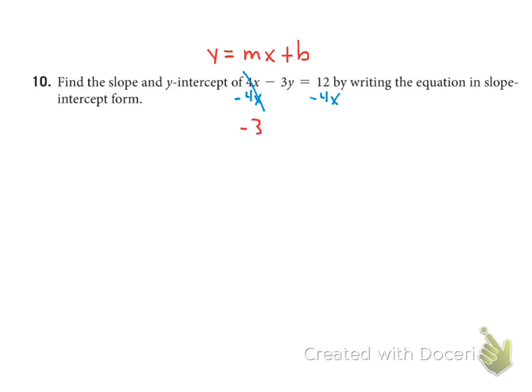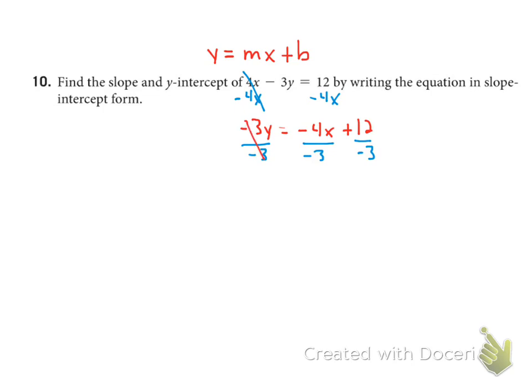So negative 3y is equal to negative 4x plus 12. What else do we need to do to get the y by itself? Divide by negative 3. Yes, very good. We want to get rid of the sign as well as the number, so we divide everything by negative 3.